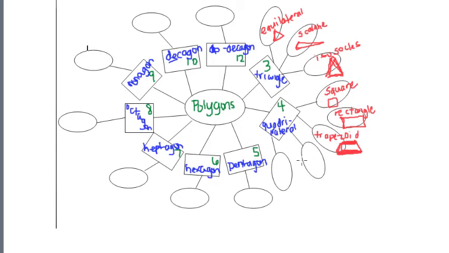Square, rectangle, parallelogram. Okay, I'm going to have to squeeze it out here. I can write better when I have more room. Okay, parallelogram is where both sets of sides are parallel.